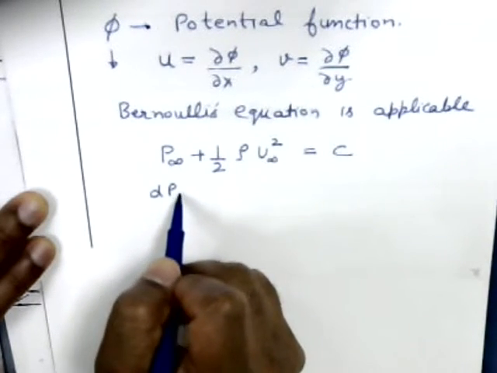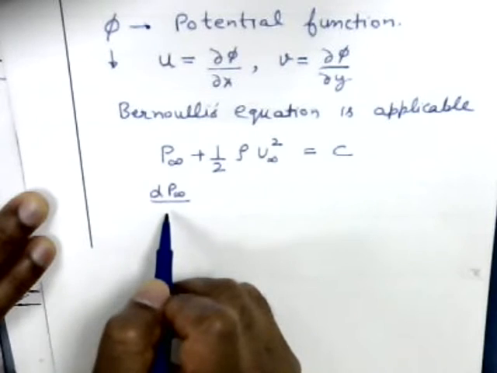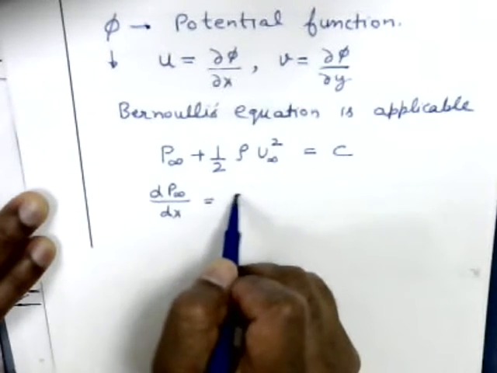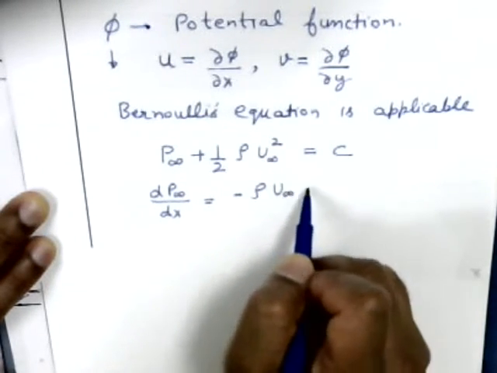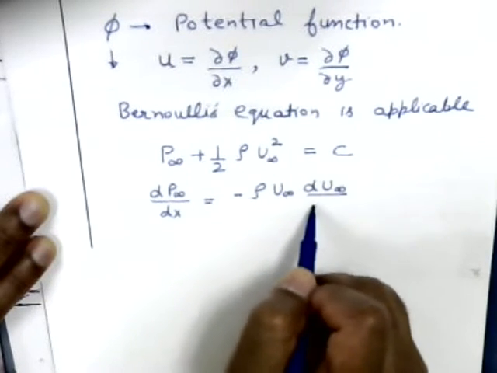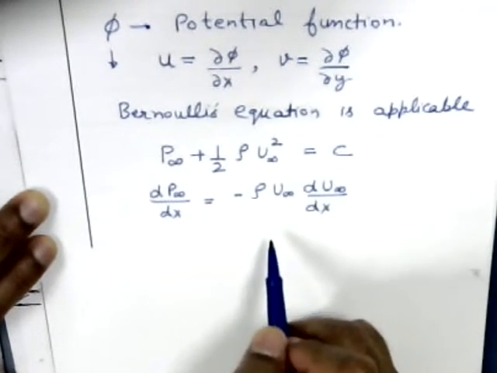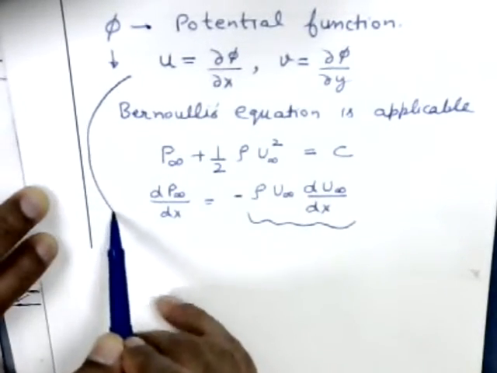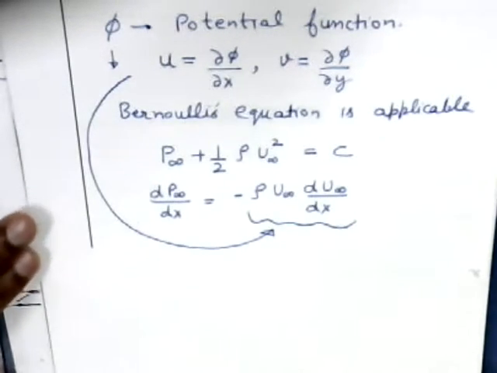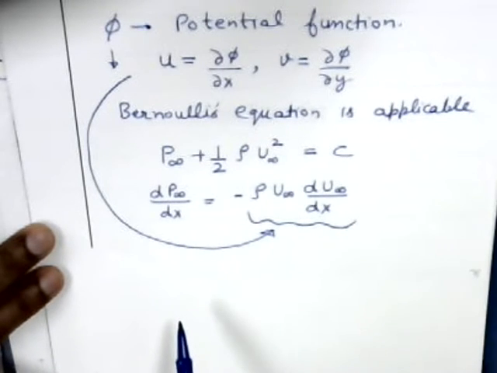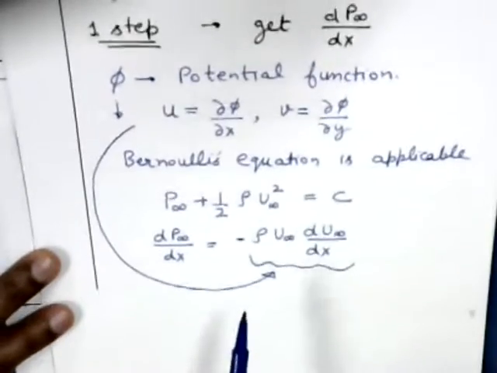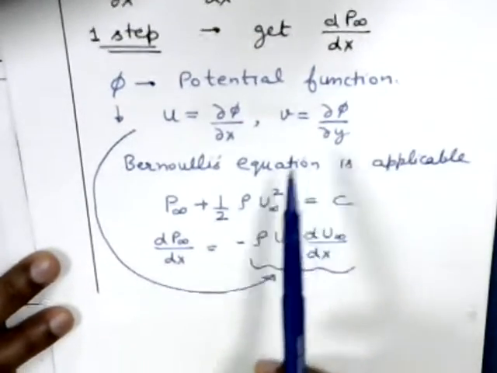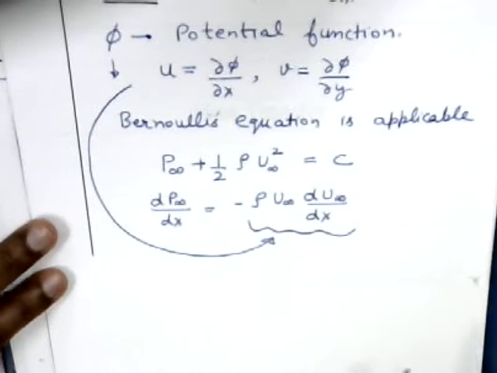So you get dp infinity over dx equals negative rho u infinity du infinity over dx, and this you get based on this. Because the idea is we are able to get this pressure distribution, this dp infinity dx, by using the velocity potential and then by using the Bernoulli equation.